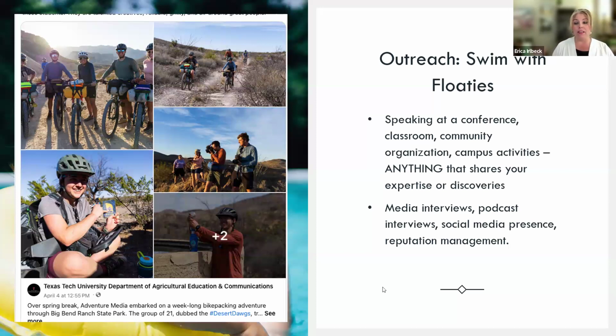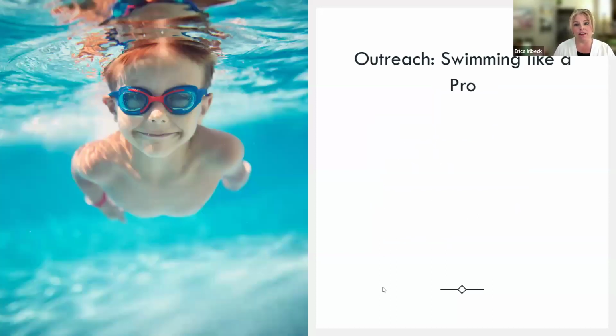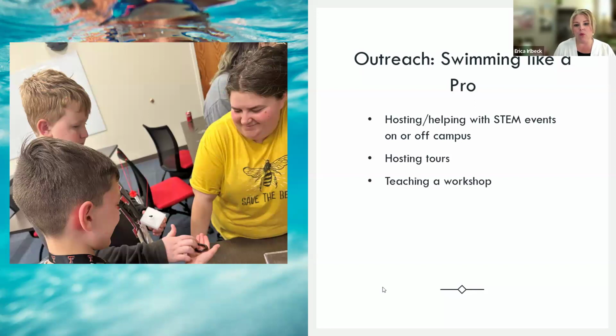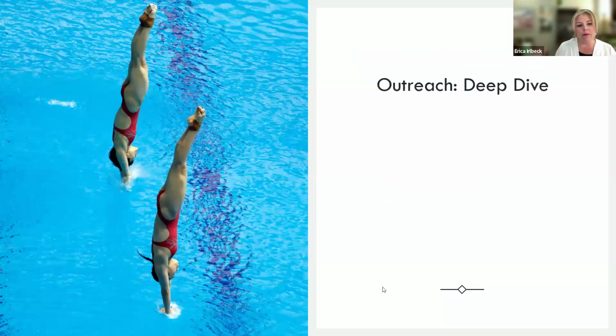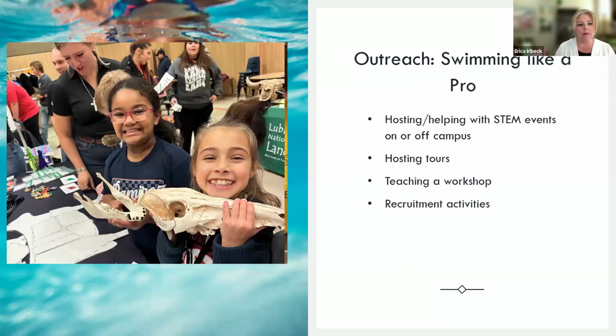And that leads me to the next round. This could be things like helping out with STEM events on or off campus, hosting tours, workshops, recruitment activities, all of those. And these are some examples of our faculty out in the community, working with students in elementary schools in our communities.